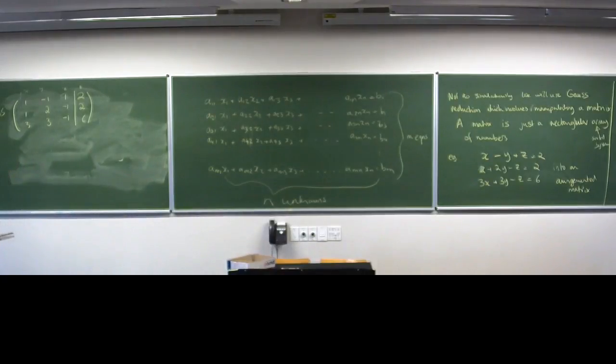Okay? All right. So let's talk about the geometric interpretations. Before we do that, we're going to look at the answers. Then we're going to look at how we solve it, okay?